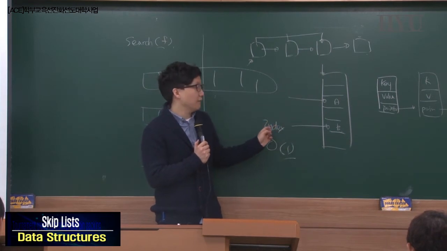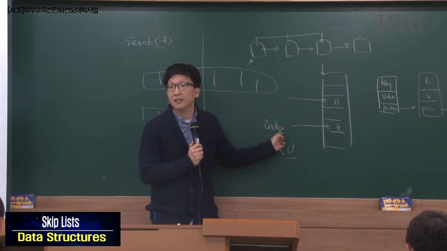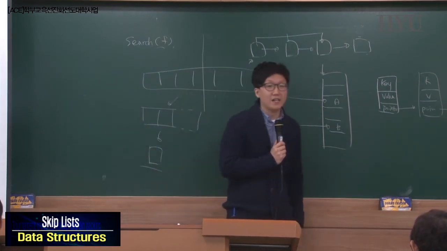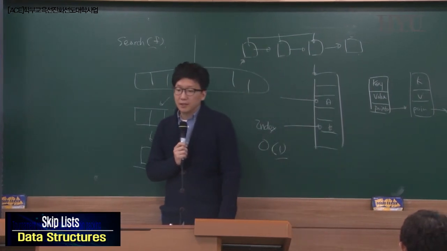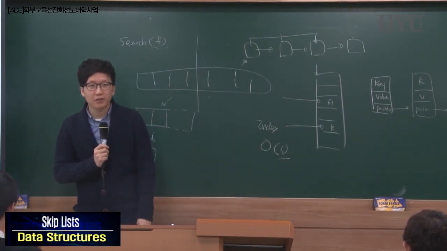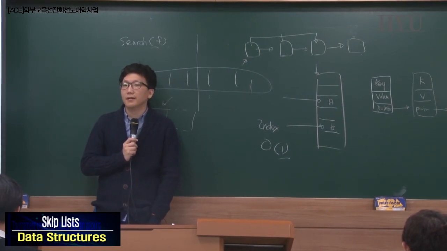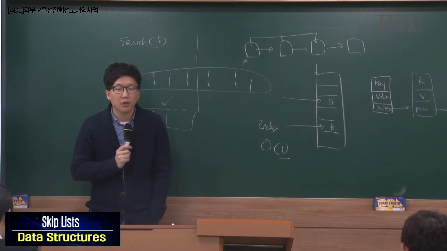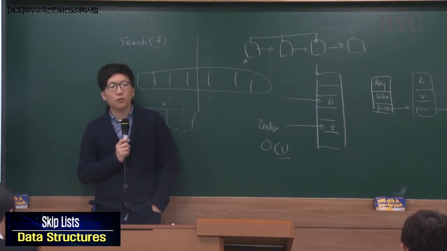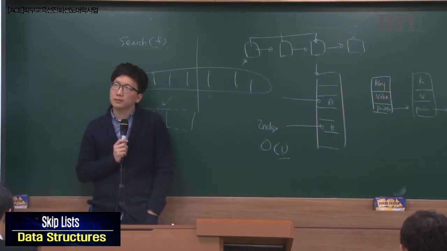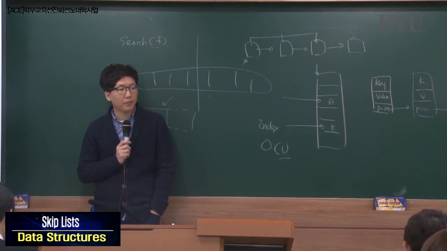I need some kind of function that computes this index value. There's something called a hash function. We're going to take a look at a very simple hash function. What might be a very simple hash function? We can simply use a modular. Where do we use a modular for implementing a list?